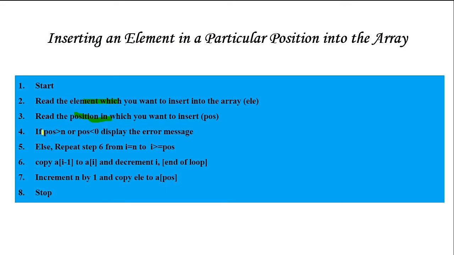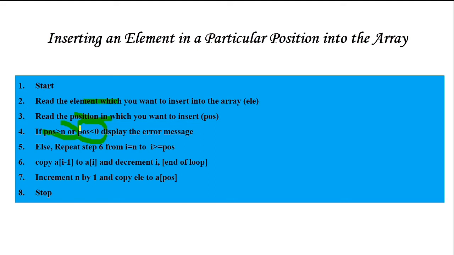After that, if position is greater than n or position is less than 0, that means our array elements start from 0 to n minus 1, isn't it? So if you give the position as minus 1, it should display the error message that you cannot insert the element at the minus 1th position.